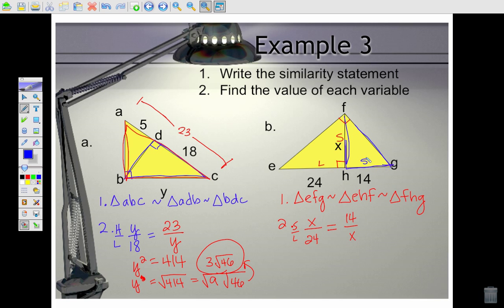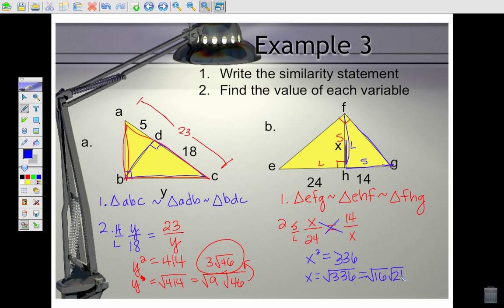And if I go over to the other triangle, and I look at the right side triangle, and I would be going short side, long side. So we go ahead and cross multiply. So x squared is equal to 336.